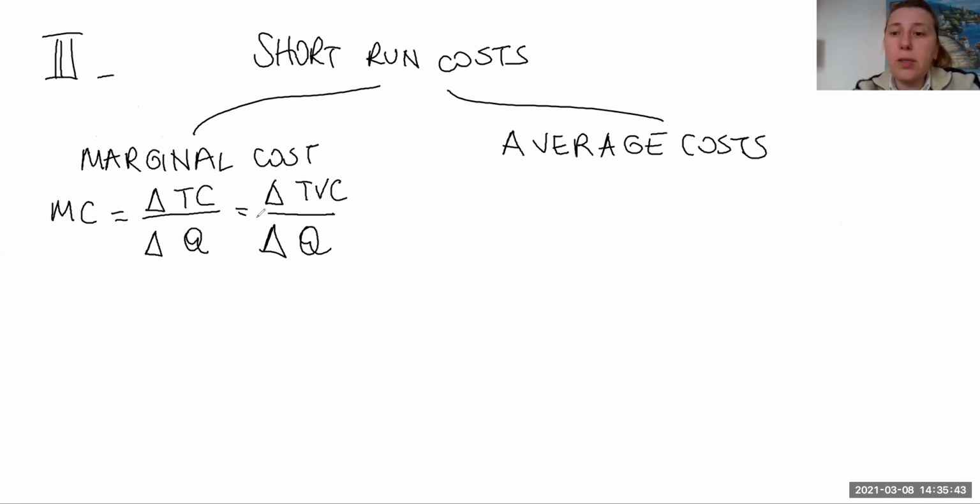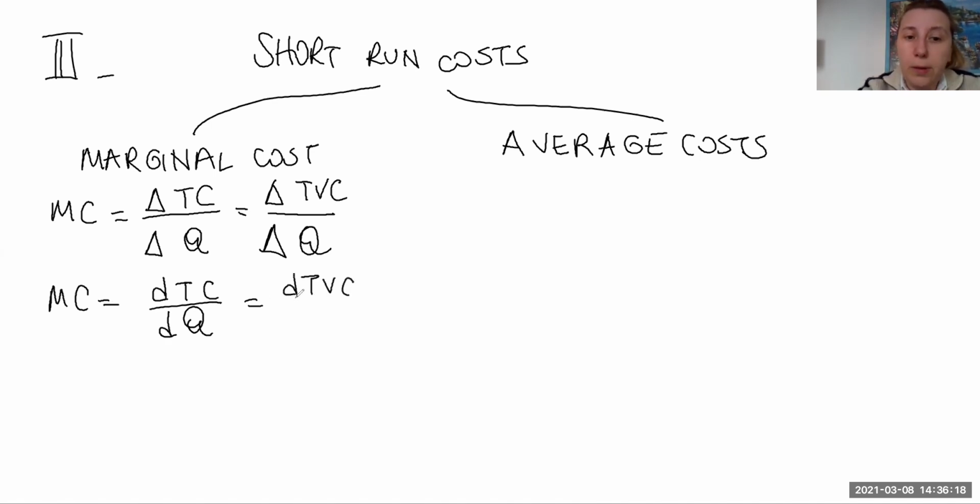And mathematically, we know that all marginal concepts represent derivatives. So the marginal cost can also be defined as the first derivative of the total cost function with respect to the level of output, or the first derivative of the total variable cost function with respect to the level of output.